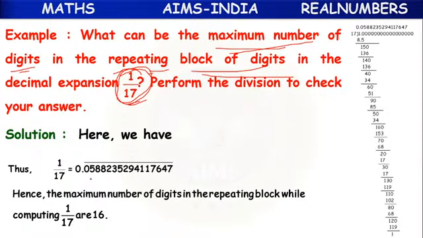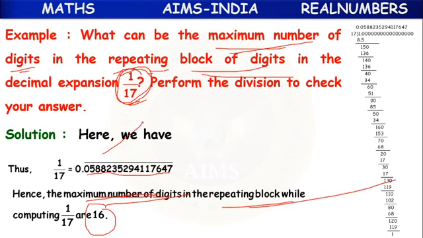Here the maximum number of digits that are repeating will be 16. So for 16 decimal places we are keeping the bar.